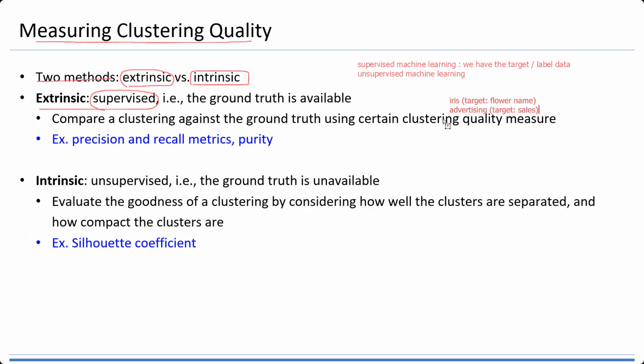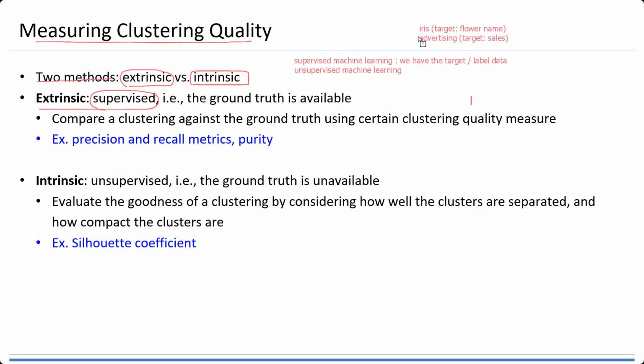We know the spending on the TV, the spending on the radio, the spending on the newspaper, and we want to predict the sales. So those two datasets belong to supervised machine learning because the data includes the target.